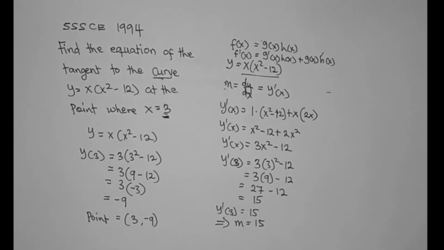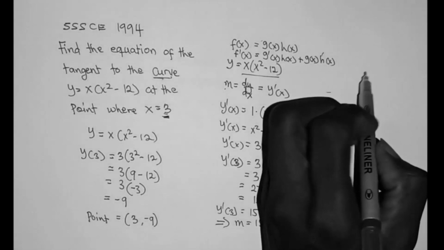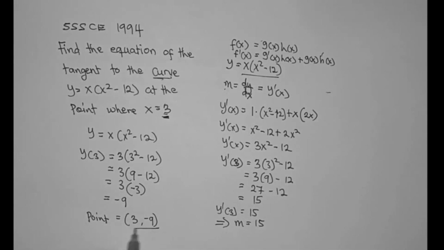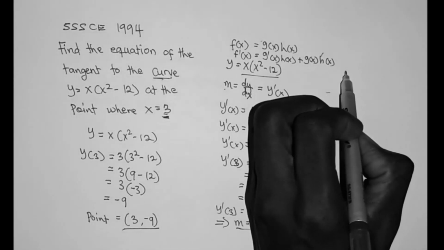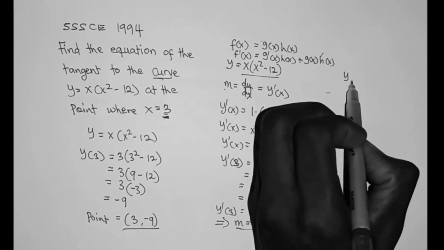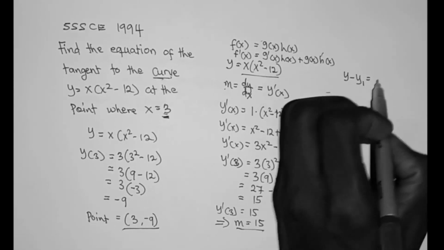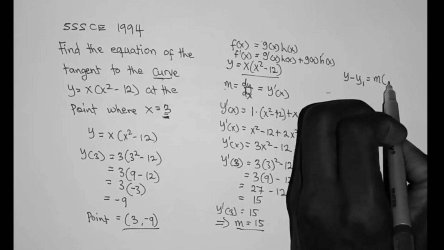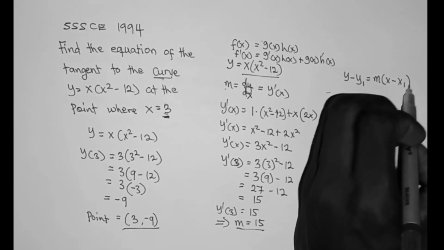So we are now in a good position to find the equation of the tangent. Remember that we have the point (3, minus 9), and we have the gradient m equals 15. The equation of a straight line is given as y minus y1 equals m, the gradient, times (x minus x1).